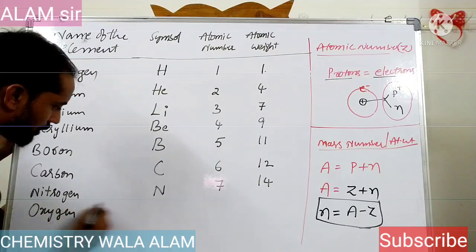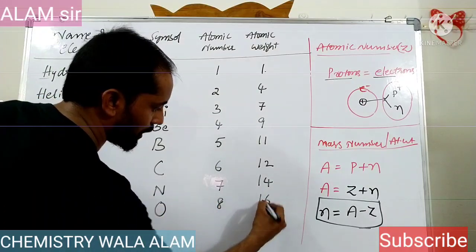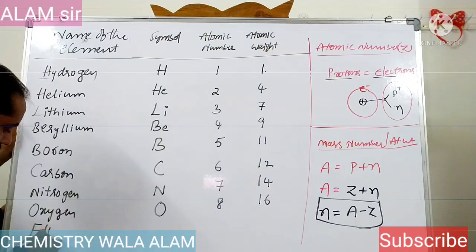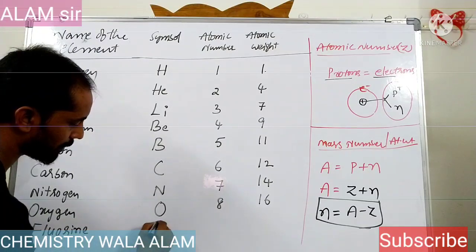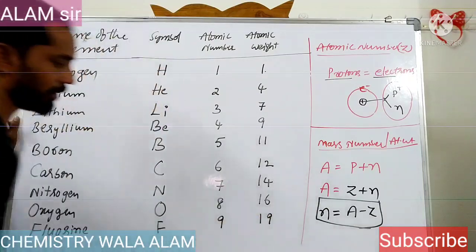Oxygen, symbol is O. Atomic number 8. Atomic weight 16. Fluorine, F-L-U-O. Somebody is making the mistake here, F-L-O-U; you will write fluorine, symbol F. Atomic number 9. Atomic weight 19.